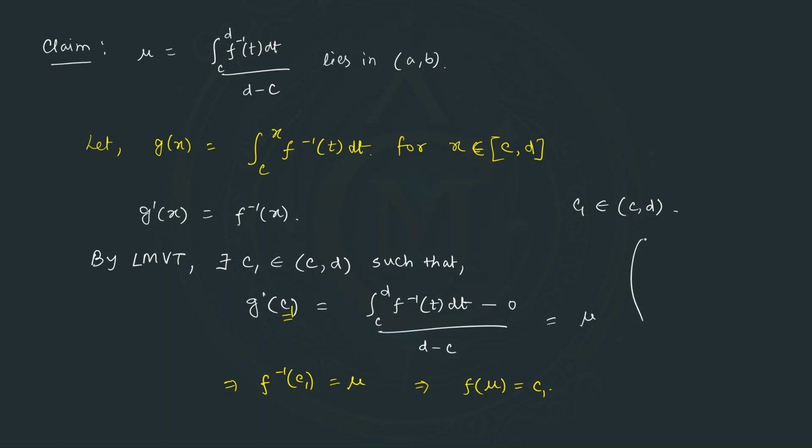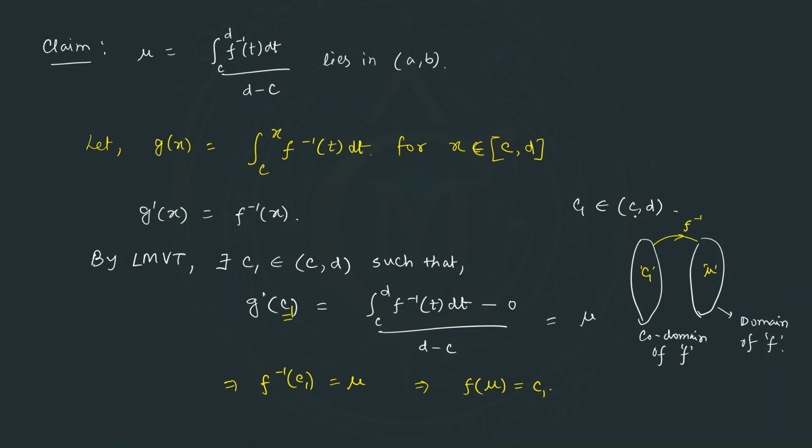Let us say we have two sets here, codomain and domain. So here is the codomain of f and here is the domain of f. So the inverse function of f of x is basically the mapping from codomain of f to domain of f. So here, if this is an element c1 here, this will map to some mu here because f of mu equal to c1. That means f inverse of c1 is mu.